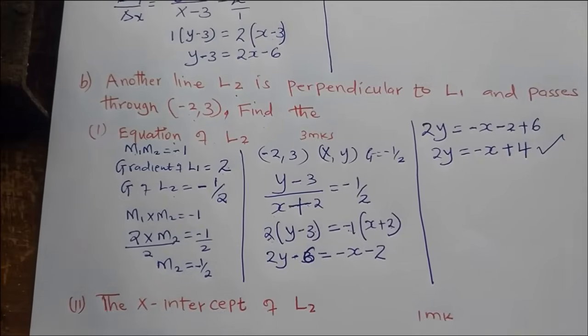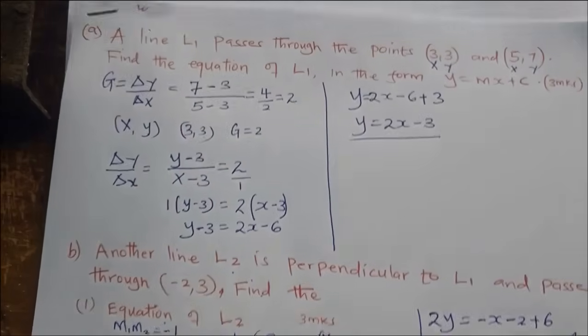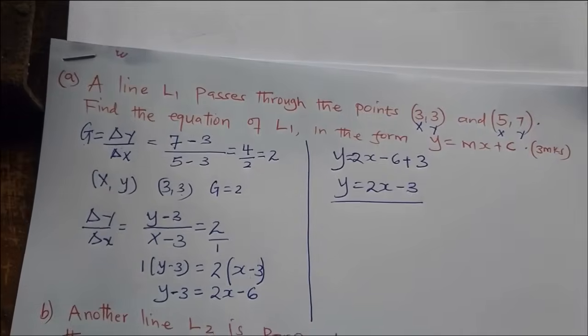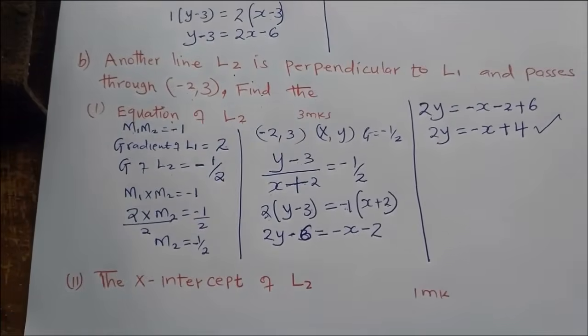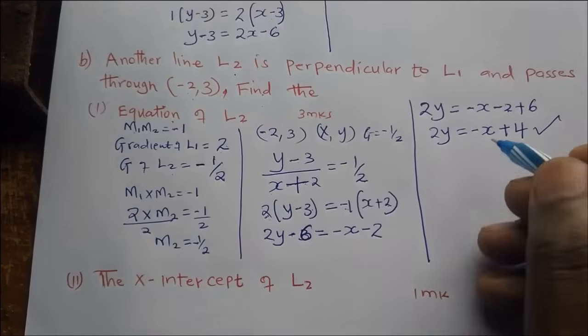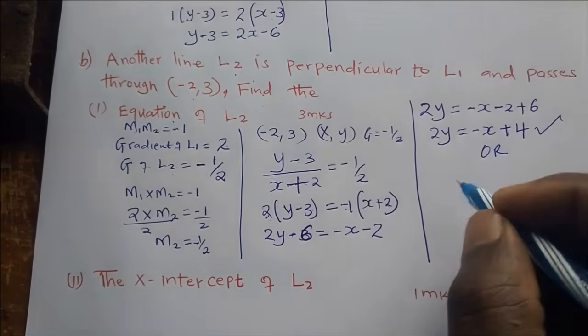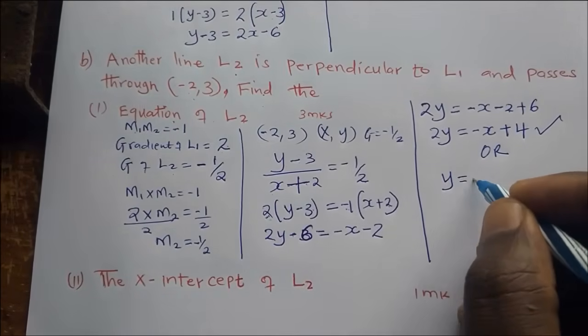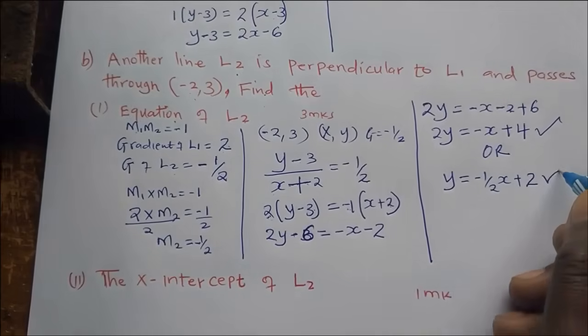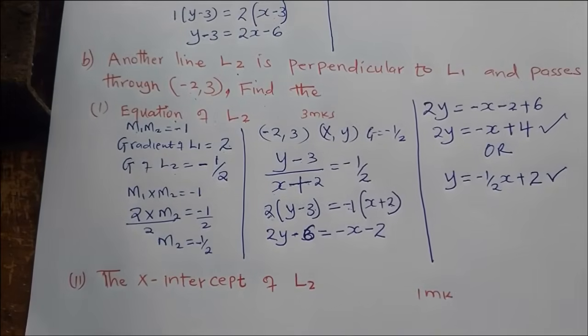You can leave it there because we were not given any condition like in the first one where we were told to write it in this form. But for this one, we were not given any condition, so we can as well leave our equation at that point. Or you can divide by 2, so we have y is equal to minus 1 over 2 x plus 2. Also, this one is acceptable.